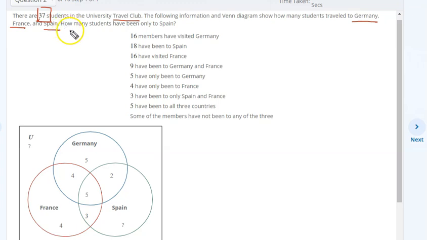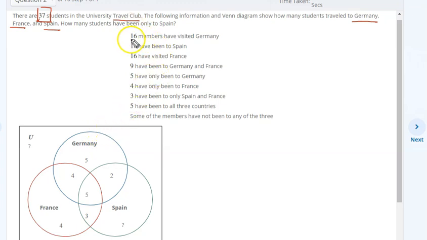We want to find out how many students have only been to Spain. Notice much of this has been filled in. What we don't know are those in the travel club that didn't go to any of the countries. That would be another kind of question they would ask.